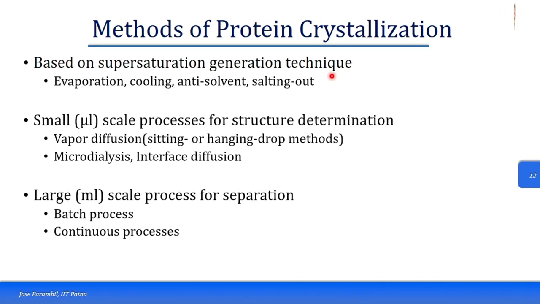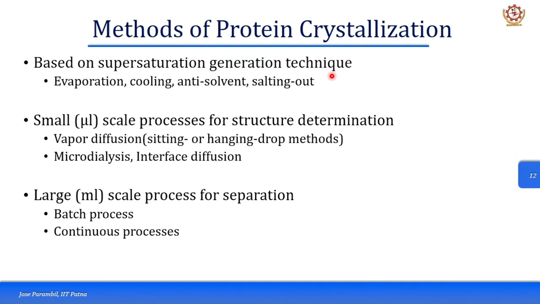For crystal structure determination, as we discussed earlier, we primarily work on the microliter scale. The crystallizations can occur at microliter or milliliter scales. Have you heard about the hanging drop method or sitting drop method and so on? These are very commonly used screening techniques in protein crystallization.